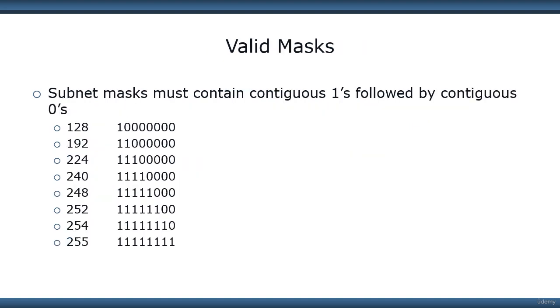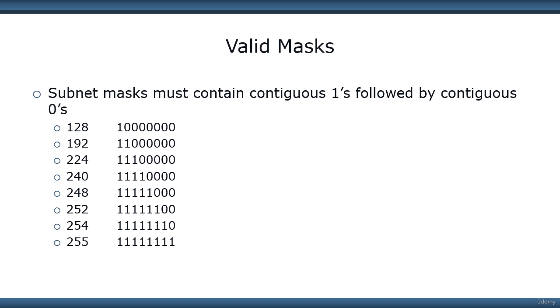The subnet mask has a different rule, and it's because in the subnet mask, the binary numbers are 1 or 0, but the ones have to be contiguous and the zeros have to be contiguous. They can't start and stop. So therefore, there are only certain valid values for a subnet mask, whereas in an IP address, it can be anything between 0 and 255, generally.